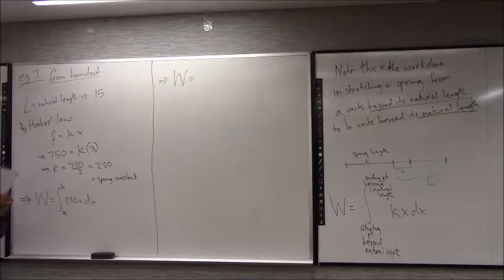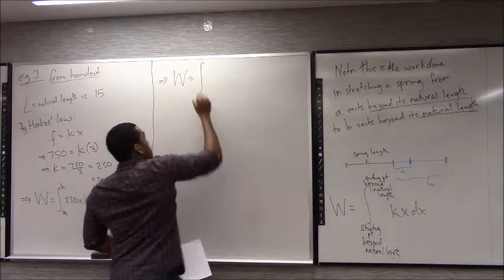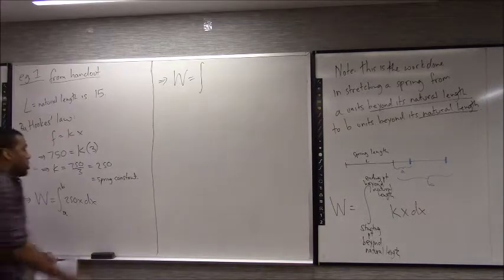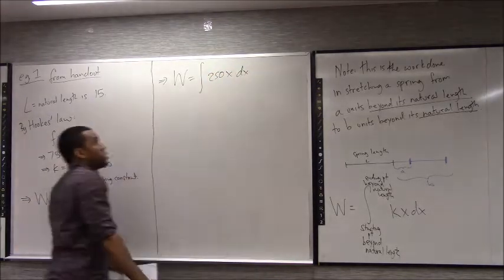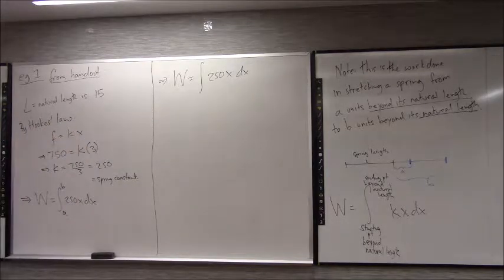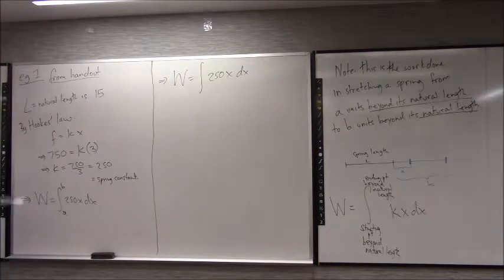Okay, so how do we start? So we know we're integrating 250x, that's true. What's the original? Original length? No, the limits. Make sure we can read the limits here.